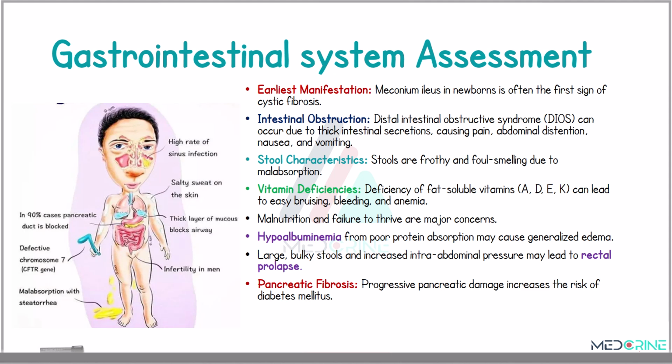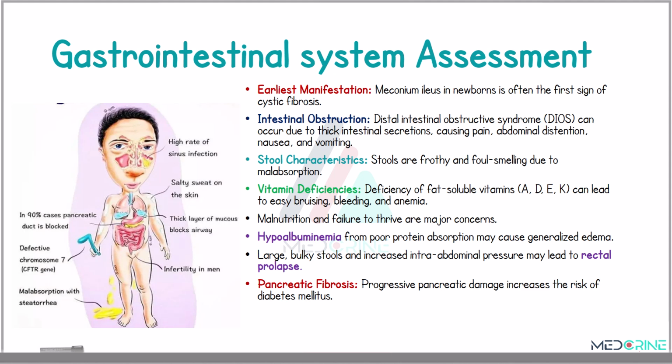The stools in these patients are frothy and foul smelling because of a malabsorption. Cystic fibrosis patients will be having vitamin deficiencies, specifically the fat-soluble vitamins, which can lead to easy bruising of the skin, bleeding, and development of anemias.